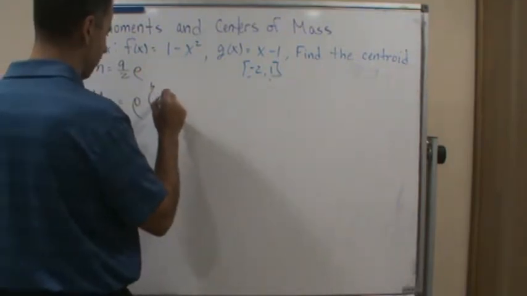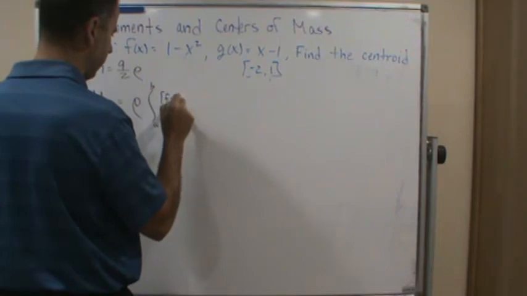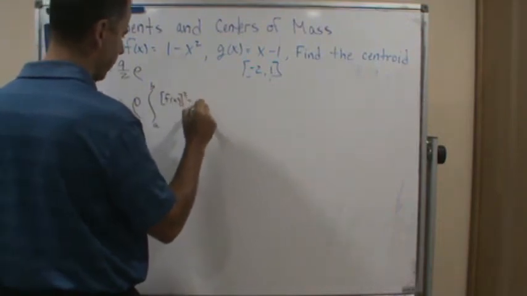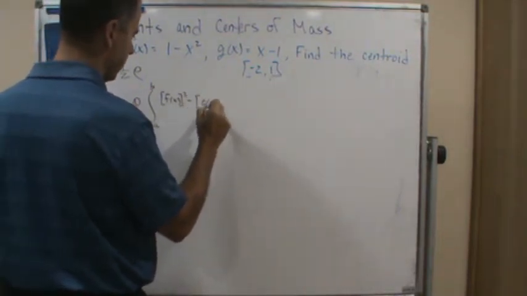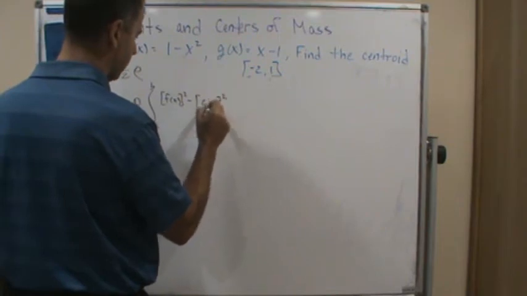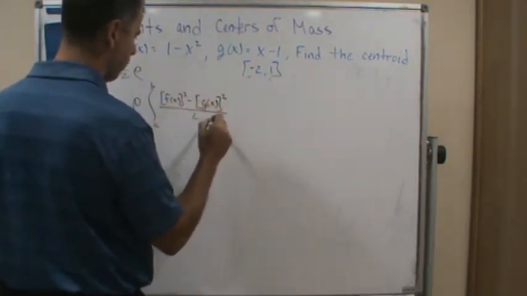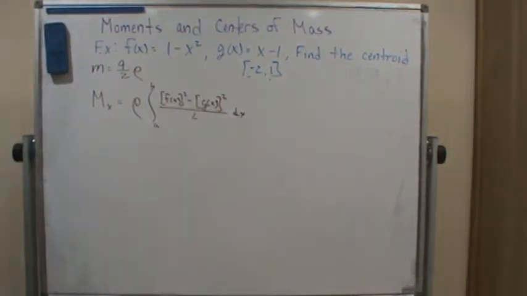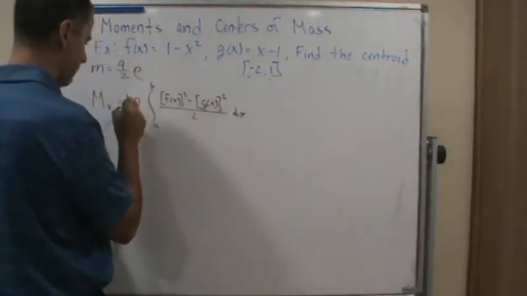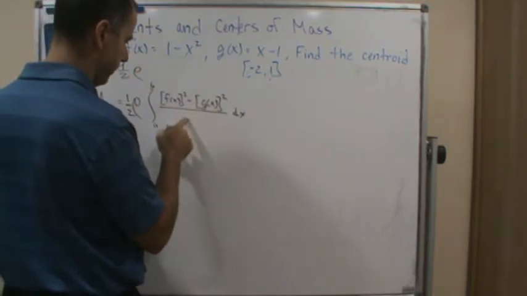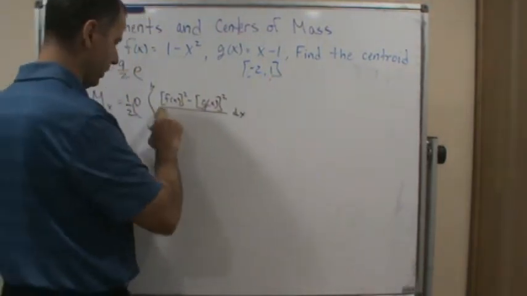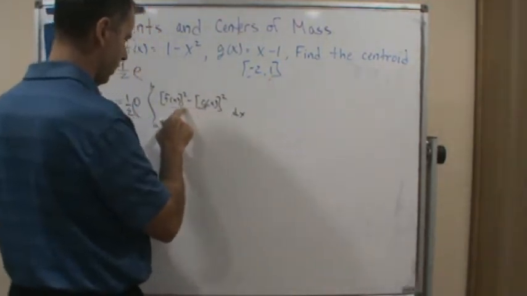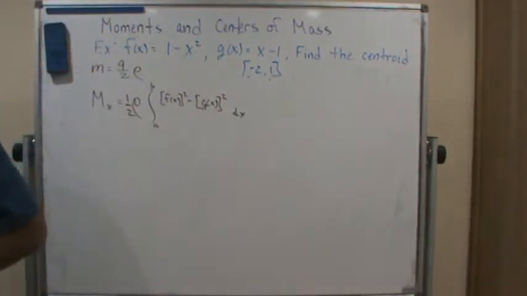So it's going to be f of x quantity squared minus g of x quantity squared over 2 dx. Okay, and again, you could pull the 1/2 out. Okay, and just deal with the difference of squares.